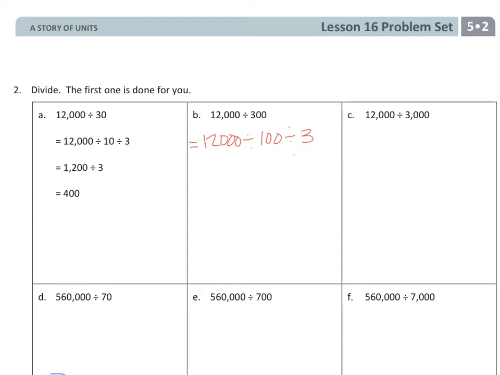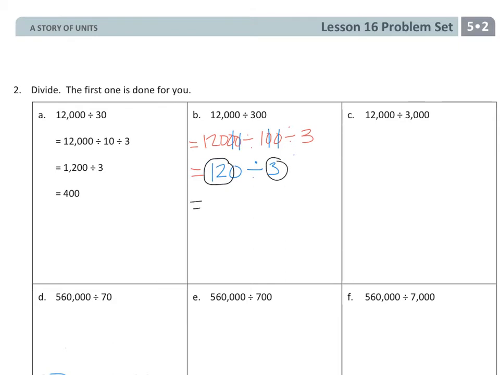There's 2 zeros in 100, so I'm going to eliminate those 2 zeros, and also eliminate the 2 zeros in 12,000, and so now I have 120 divided by 3.